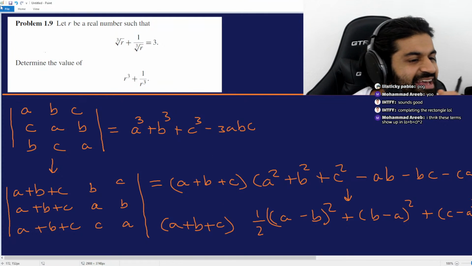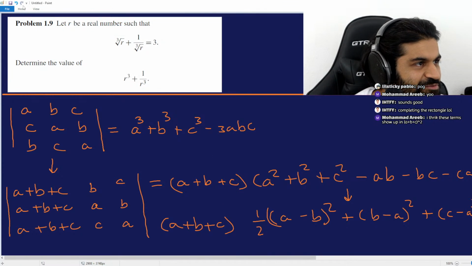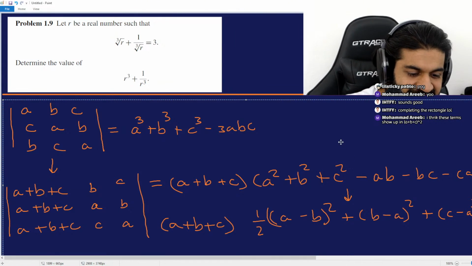Okay, and then there's actually another way to write this factorization, which is also interesting. But first of all, let me prove the factorization to you in another way that does not use determinants. So this is our factorization.